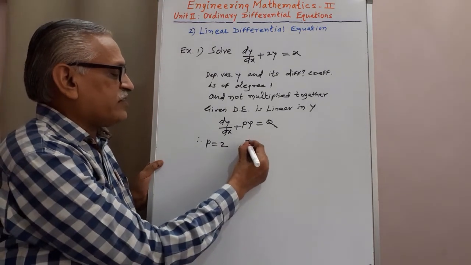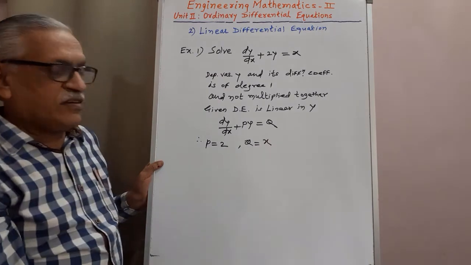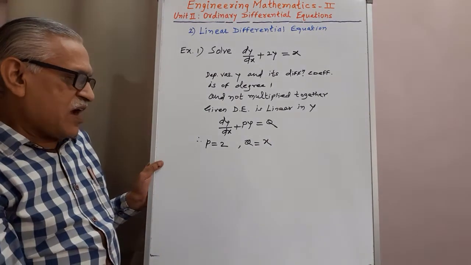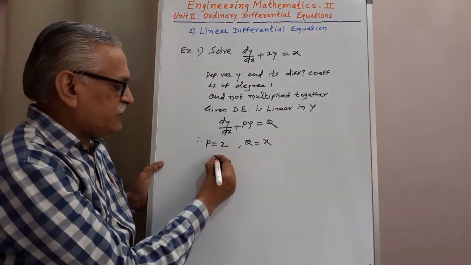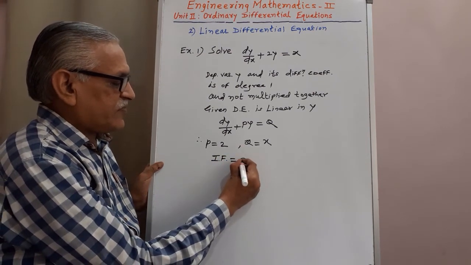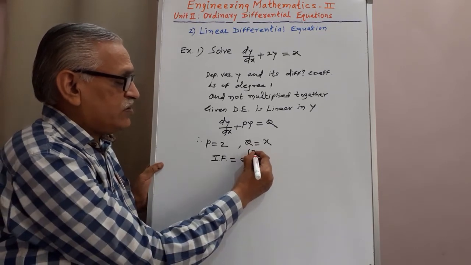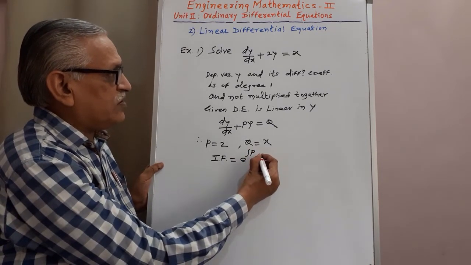Q, the right hand side term, is x, a function of x. After getting p and q, the next step is we require to find the integrating factor. It is given by e raised to integration of p with respect to x.